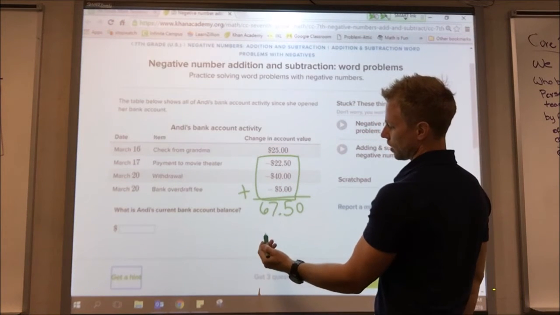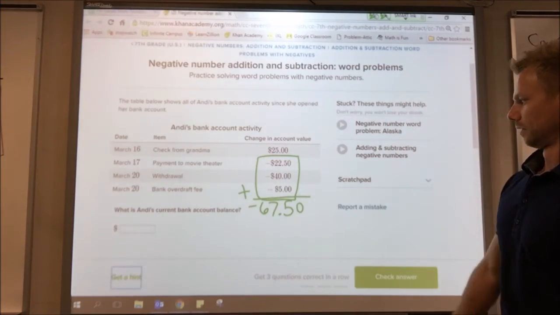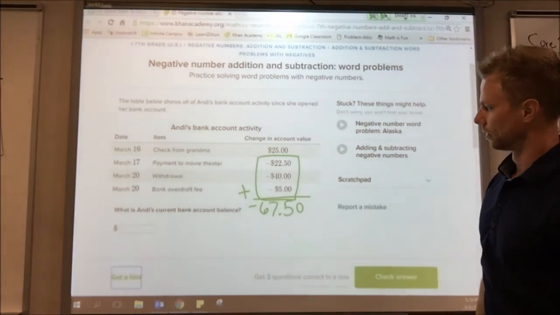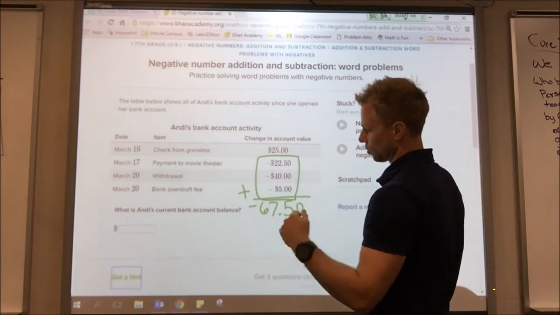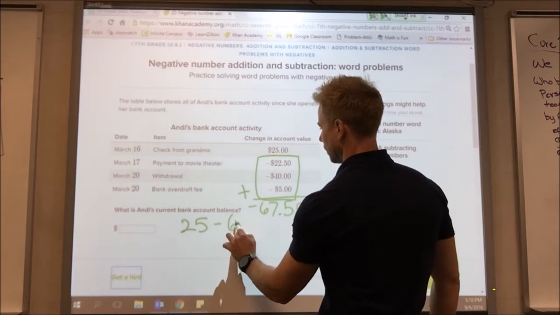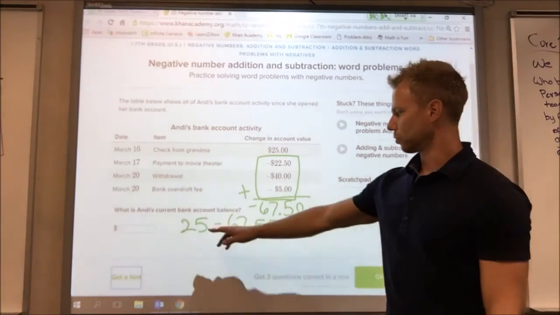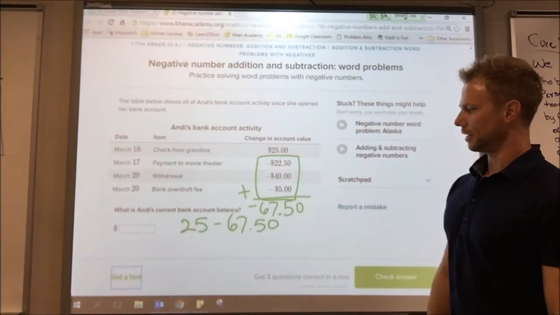That means we have $67.50 negative. We have to keep the negative with it. Now we can combine that with our 25. So I'm going to write it horizontally because that's typically how we've seen it. So we have 25 minus 67.5.